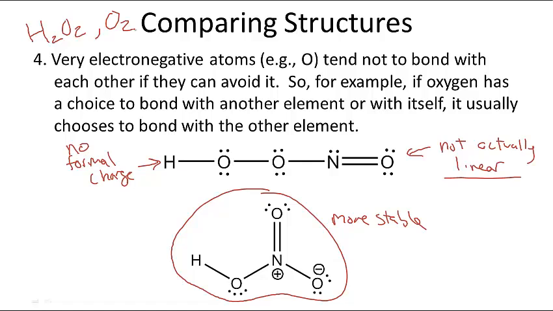Hydrogen peroxide has 2 oxygens bonded together, but it's pretty reactive, so the oxygens don't like to be bonded to themselves. They'd rather be bonded to something else, something weaker. And fluorine would fit in here too, but fluorine can never be the central atom because fluorine can only bond once, so it can never be in the middle and bond with itself and something else.